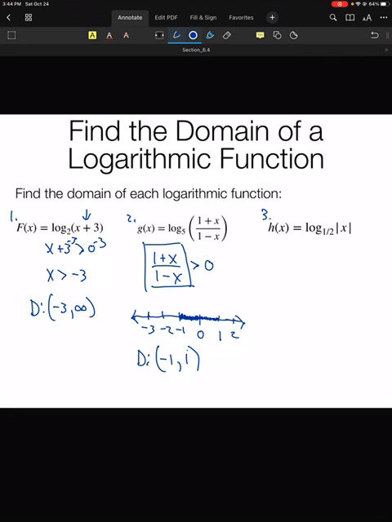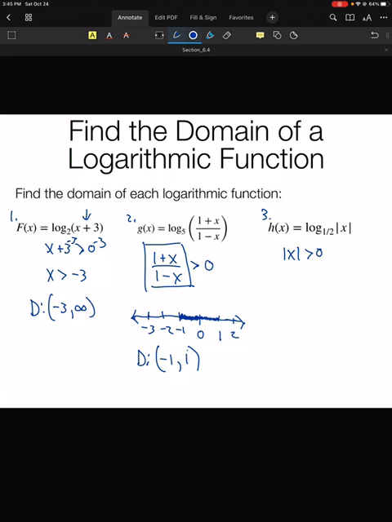Okay? And then if we look at number 3, we have another interesting one. Log base 1/2 of the absolute value of x. Okay? The base of 1/2 is an interesting part, but it's not really relevant here. What I care about is the absolute value of x. Okay? And so I have to see when the absolute value of x is greater than 0.